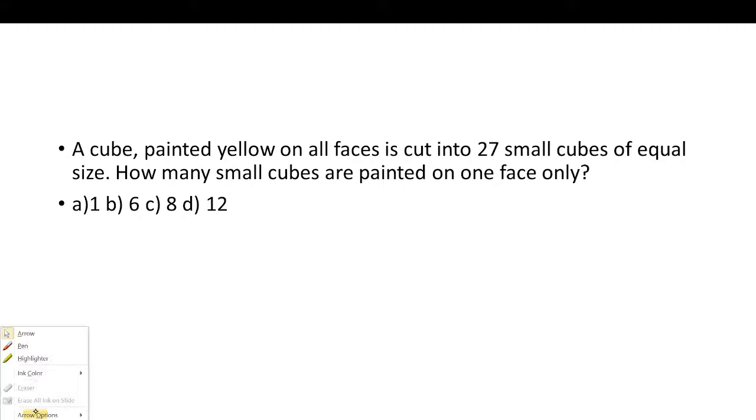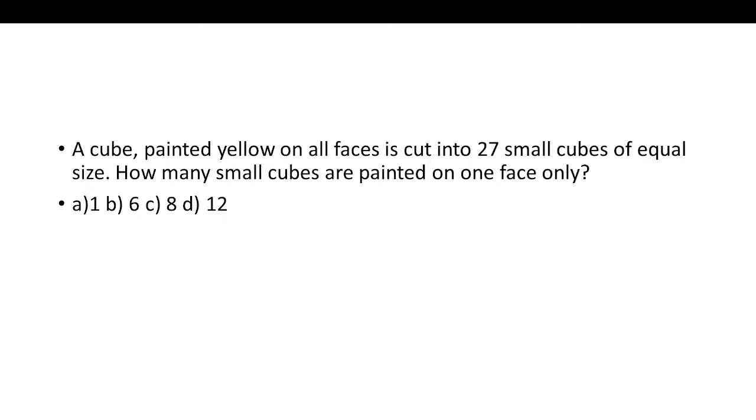Can you answer this question? A cube is painted yellow on all faces. A cube will have totally 6 faces. On every face it is painted with yellow, and it is cut into 27 small cubes of equal size.